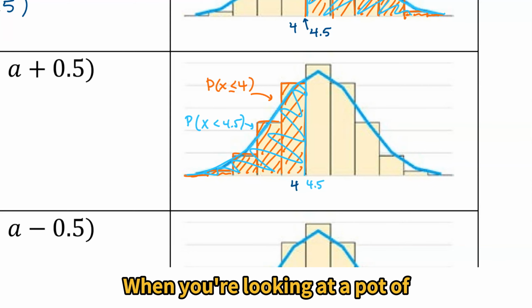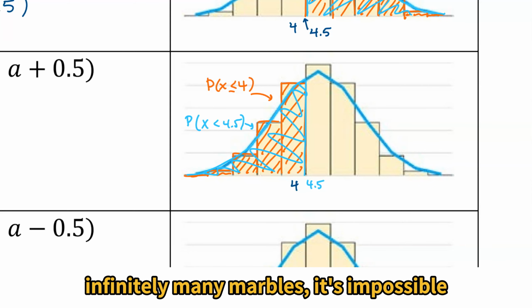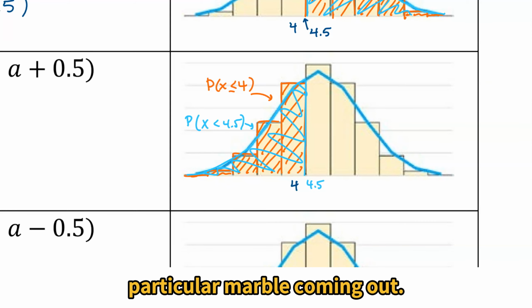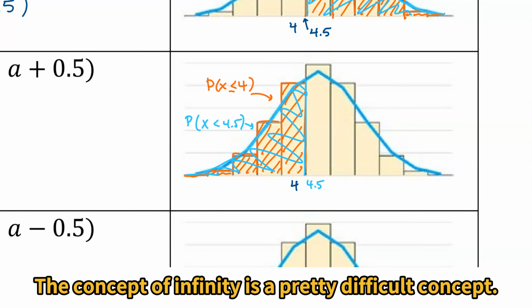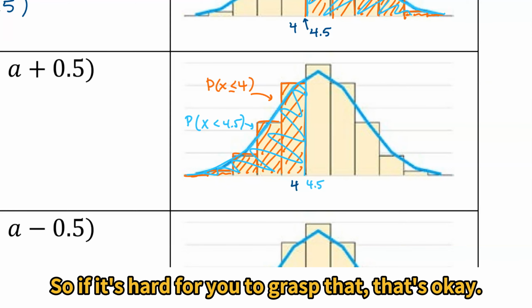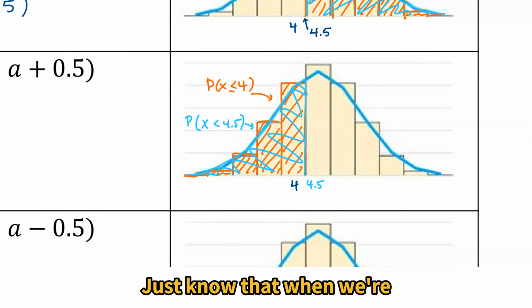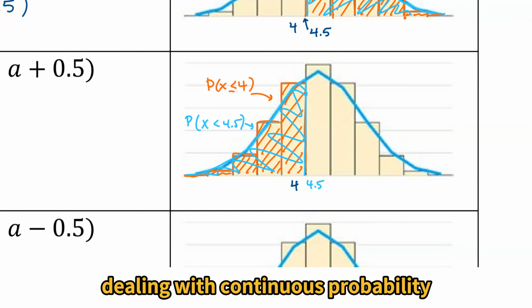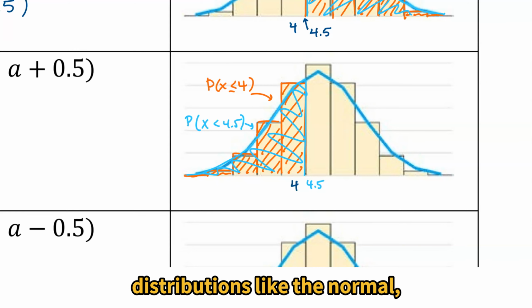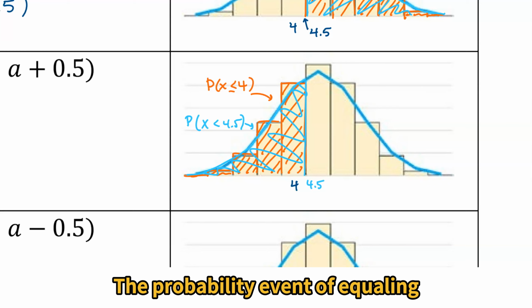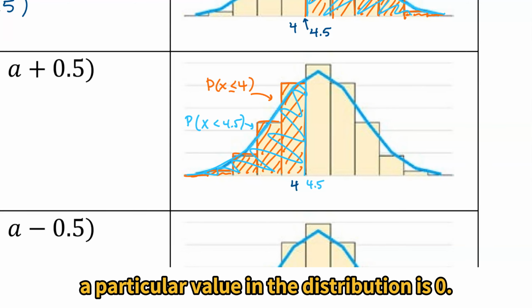When you're looking at a pot of infinitely many marbles, it's impossible to figure out the probability of just one particular marble coming out. The concept of infinity is a pretty difficult concept, so if it's hard for you to grasp that, that's okay. Just know that when we're dealing with continuous probability distributions like the normal, the probability of equaling a particular value in the distribution is 0.